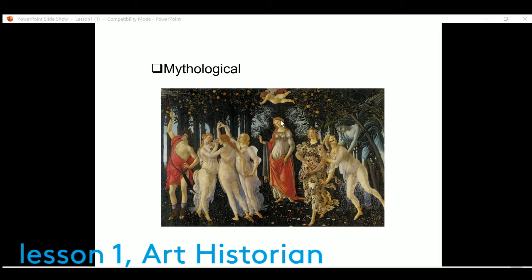So this is actually a deity. They were already Christian at that time, but they used Greek mythology. Like this is Venus. This is Venus. This is Chloris. Chloris has two characters here, the same girl.